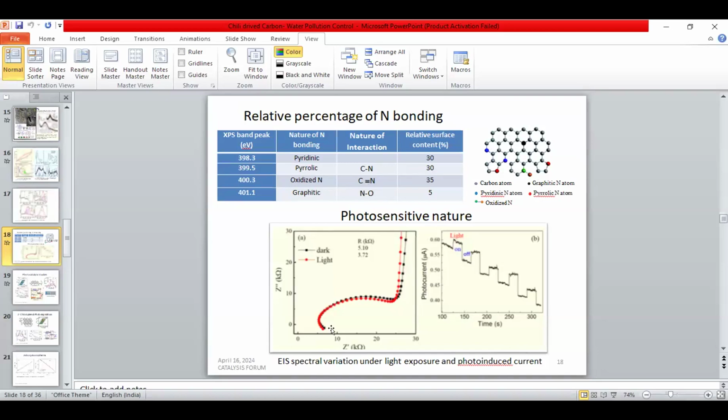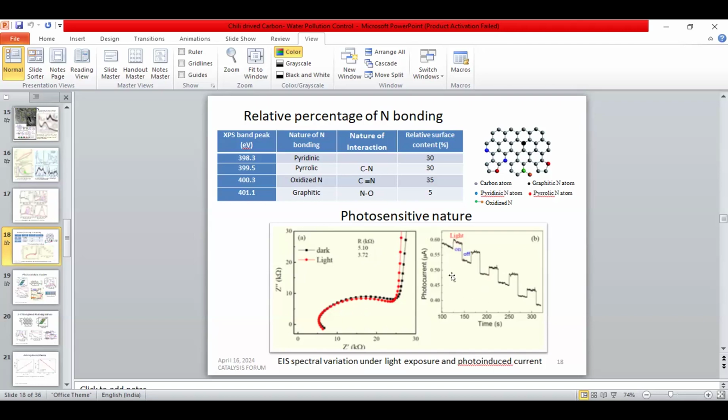Now to find out the photosensitivity of this carbon material, we took EIS spectroscopy, and this impedance spectroscopy shows that under irradiation of light, the carbon resistance goes down from 5 kilo ohms to 3.7 kilo ohms. That means it is photosensitive, so electrons are photoexcited in this carbon.